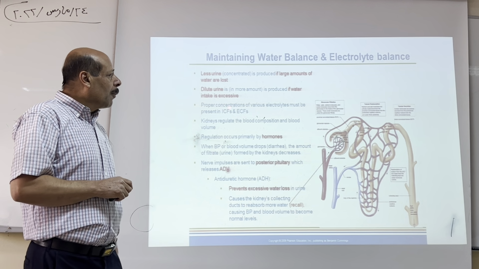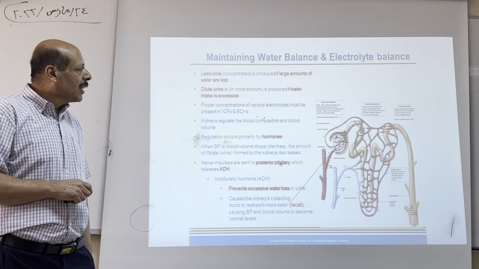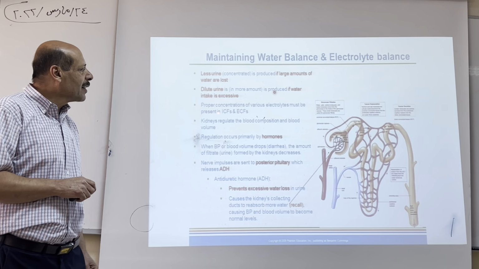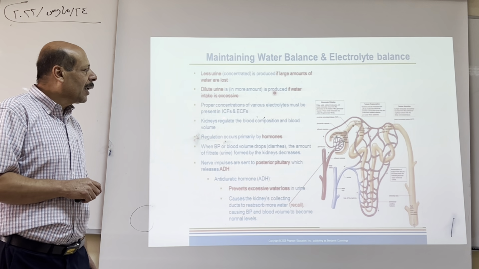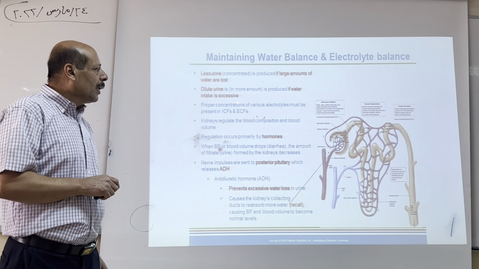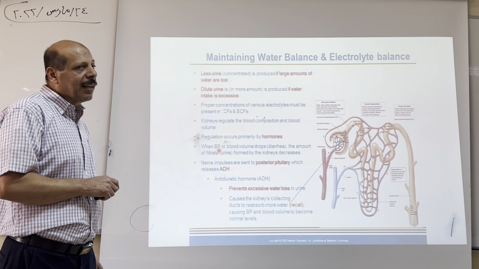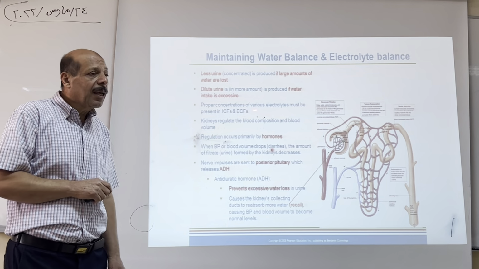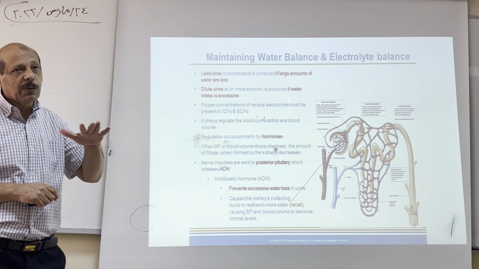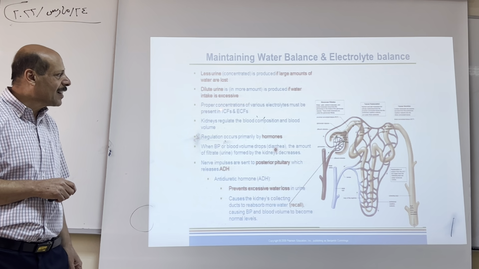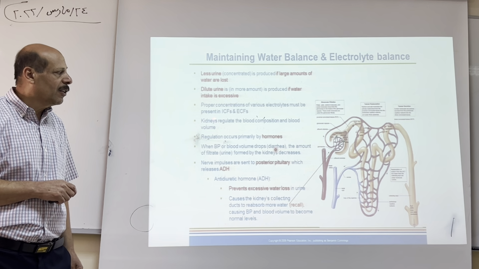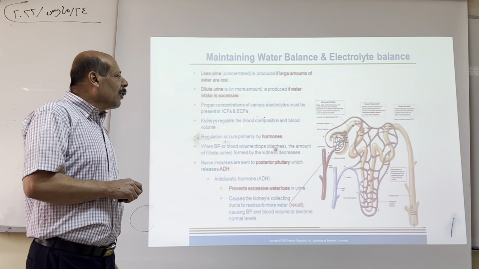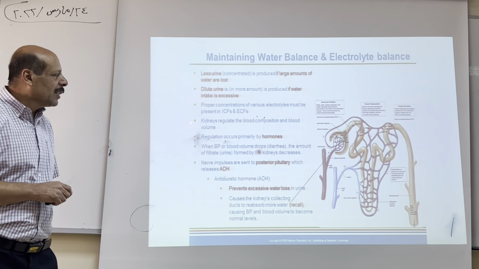The proper concentration of various electrolytes must be present in the extracellular fluid and intracellular fluid. So we have to maintain the normal amount of extracellular fluid and intracellular fluid. So the kidney regulates the blood composition and volume.